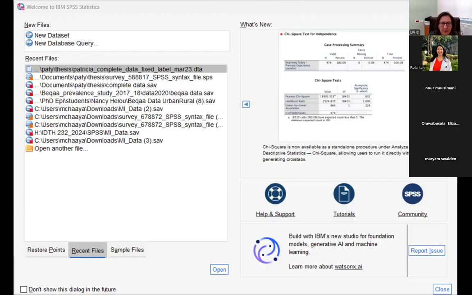But when the extension is SAV, it means that it is already an SPSS file. So I'm going to open the file. Okay, so do you recall the view for SPSS? How many of you really are comfortable with SPSS?